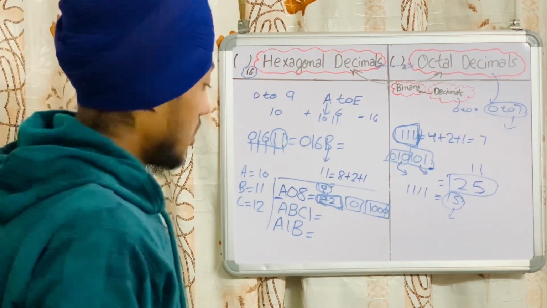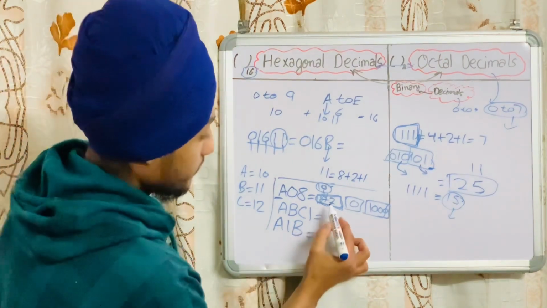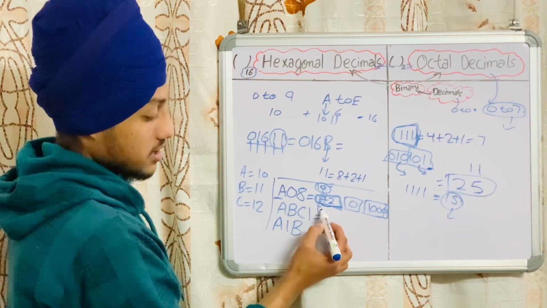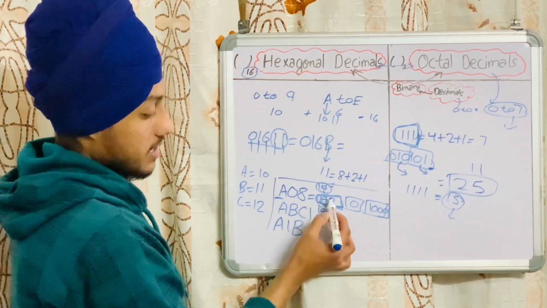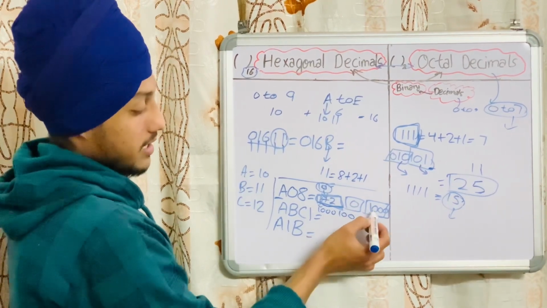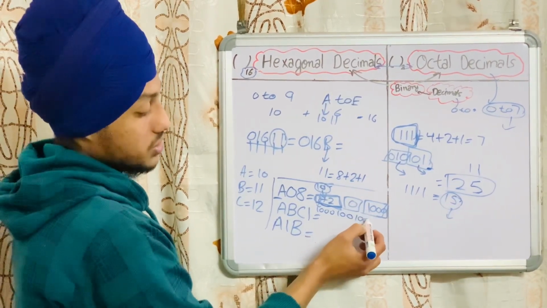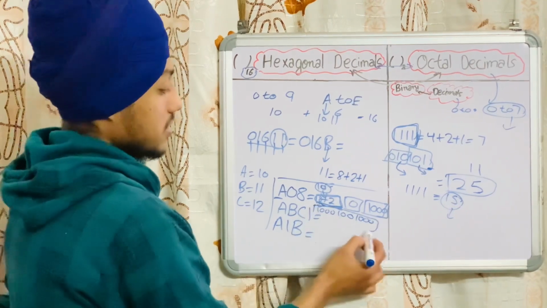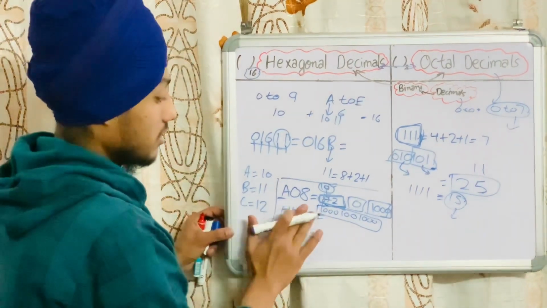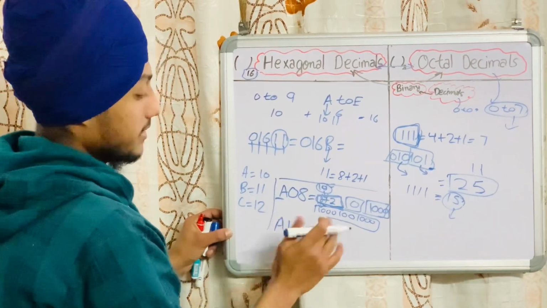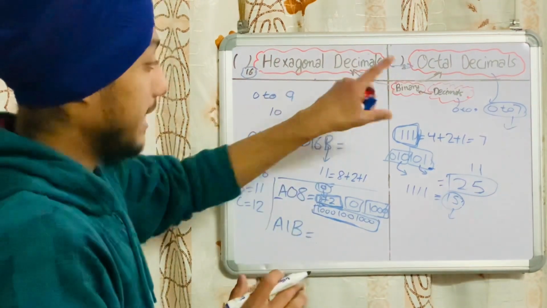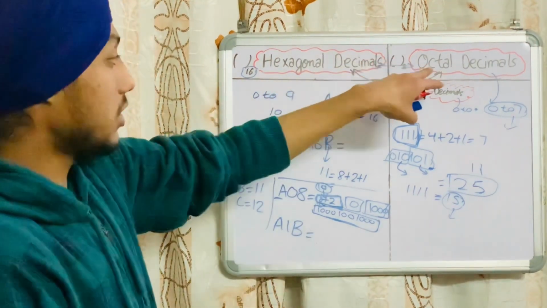That's how we split. This is 8 plus 2. 8 denotes 1, 0, 0, 0, and 2 denotes 1, 0, and 0 denotes just 0. So this is the binary which we have taken. This is the binary which we have converted from hexadecimal, for converting hexadecimal to octal.